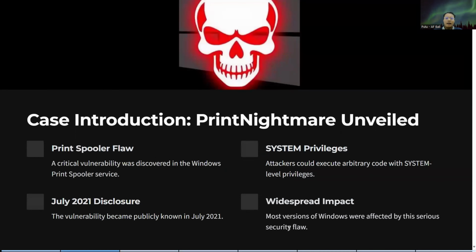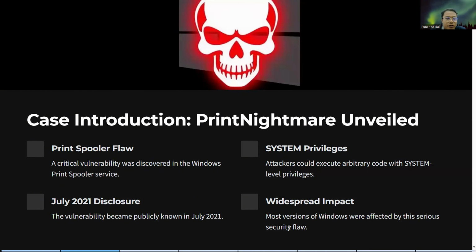So, what is PrintNightmare actually? PrintNightmare is a Microsoft security problem caused by the print spooler driver in the Microsoft update, a critical vulnerability discovered in the Windows Print Spooler service. Attackers could execute arbitrary code with system-level privilege.